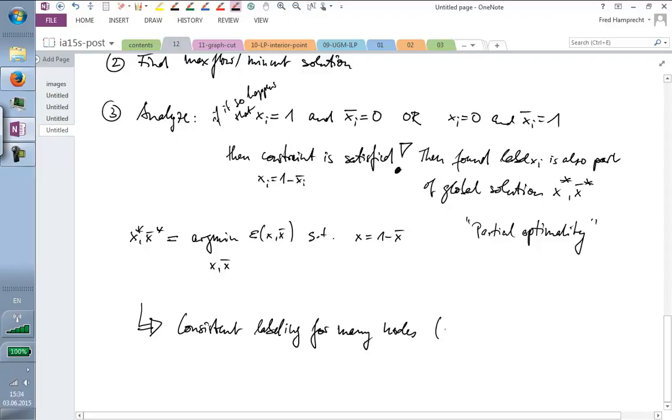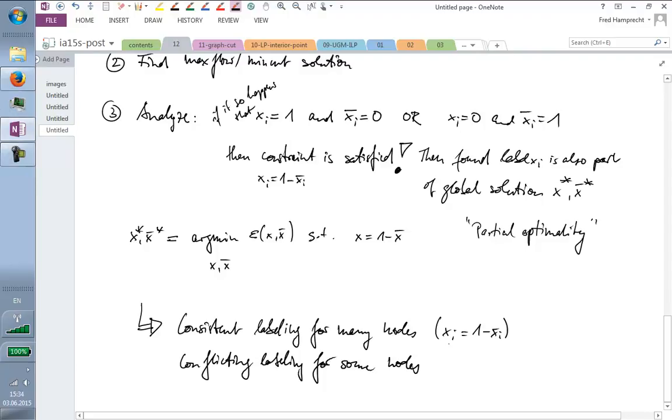By consistent, I mean that xi equals 1 minus xi bar, and a conflicting labeling for some nodes. And when I say many and some, this of course depends on the concrete problem.